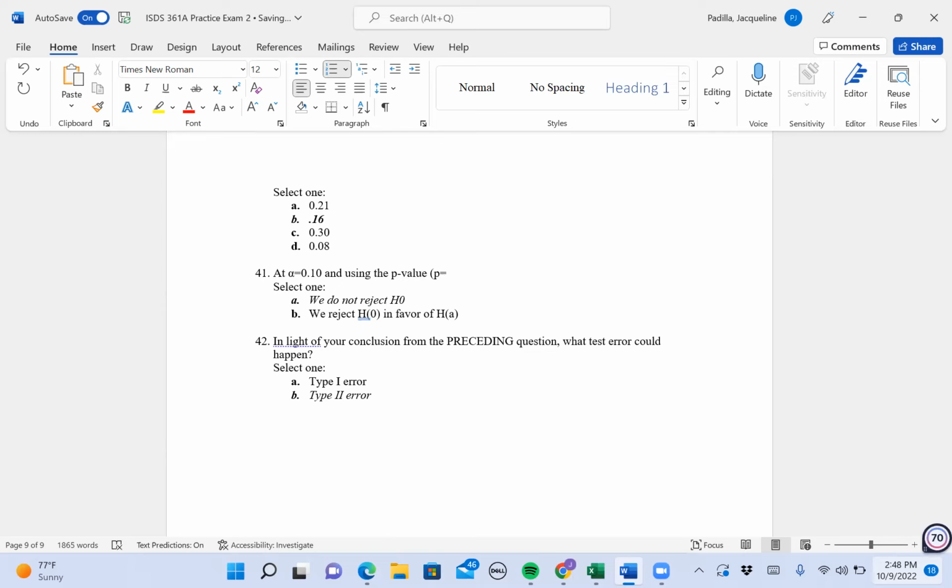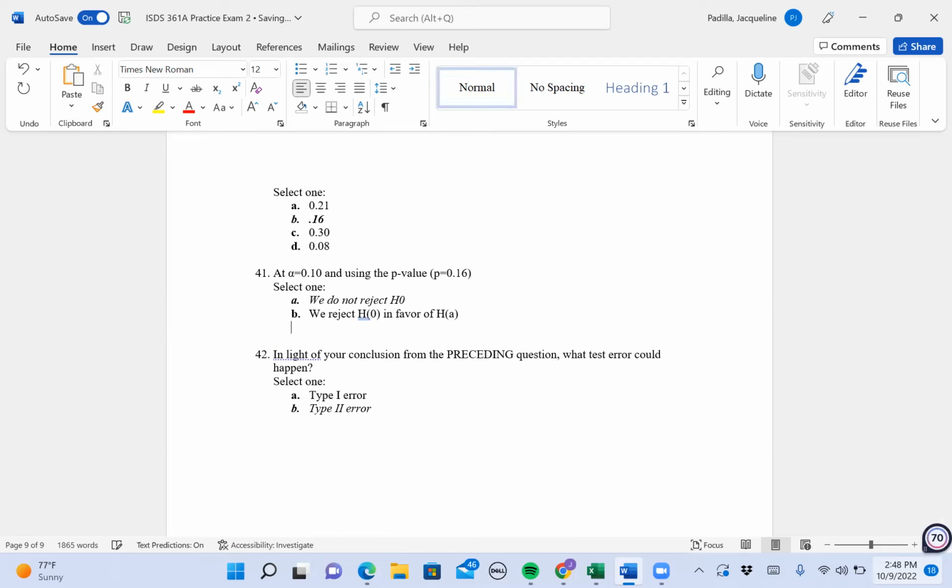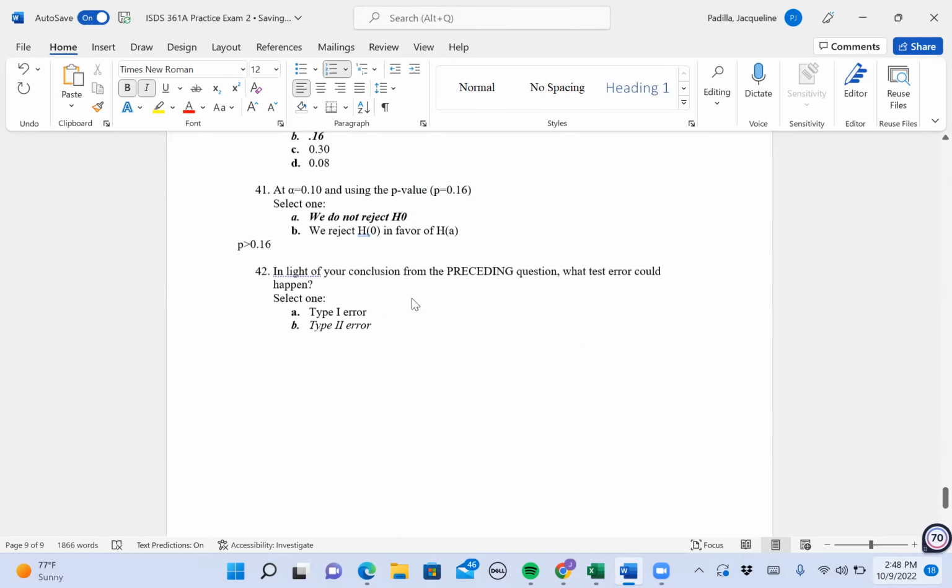P equals 0.16. So here we can see that it was 0.16 and they gave us this value 0.10. So the rule is that we do not reject it if p is greater than this value that was given. So because p is greater than that, that means we do not reject the null hypothesis. So the correct answer here would be A.